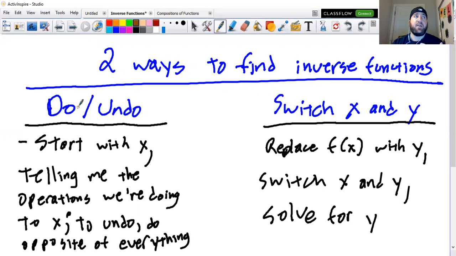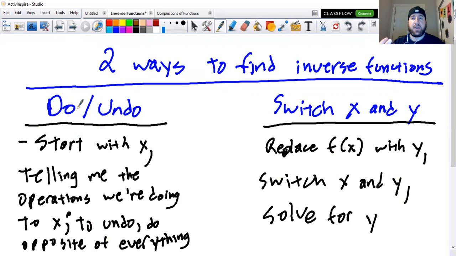And then when we have the undo column, it sounds like we're breaking it down. So when we're undoing it, we're undoing everything we did. So we're doing the opposite order of our steps, and every operation we do, we got to do the inverse operation, the opposite operation.